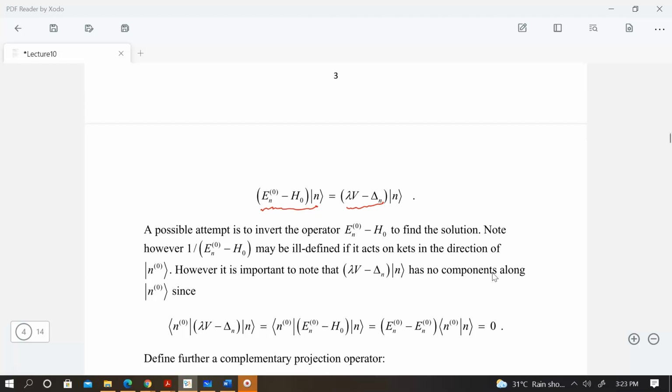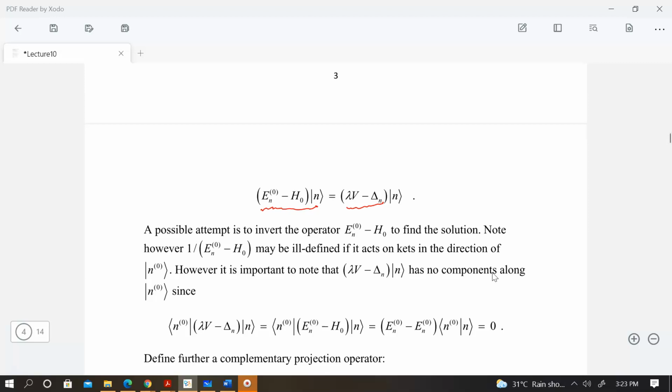So one has to remember that this is not really a number to start with. This is an operator. So in other words, one has to be able to define what that means. But let's suppose we do that. We bring it to the other side, then I'll be able to express your eigenket n for the perturbed case to be this operator divided by this operator times ket n.